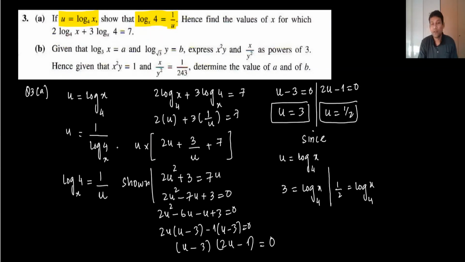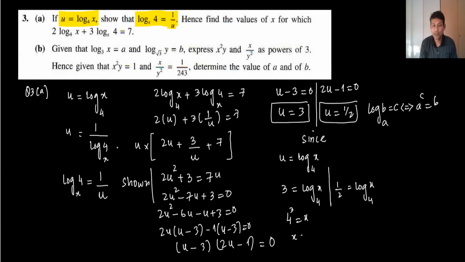In log form, log a b is equal to c will become a power c is equal to b. This is index form. So the base will remain base. A is base, A will remain base. Power c is equal to b. So what I will write? This 4 will remain 4, base power 3 is equal to x.